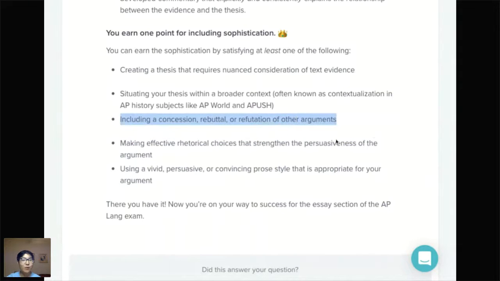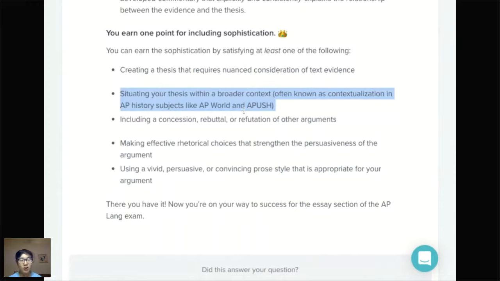I think this category right here, including a concession, rebuttal, refutation, is the easiest way, Nina, to get your sophistication point, because almost every AP English teacher I've ever encountered highly encourages you to do this concession and rebuttal as a separate body paragraph, because it makes it very easy to get sophistication. I think you can also, to some extent, situate your thesis in a broader context, like the contextualization you may have learned in other AP subjects.